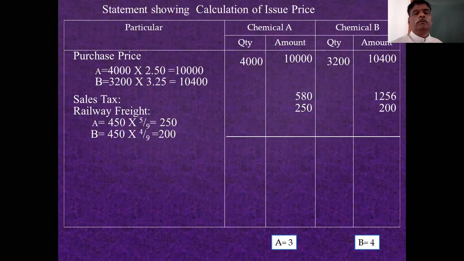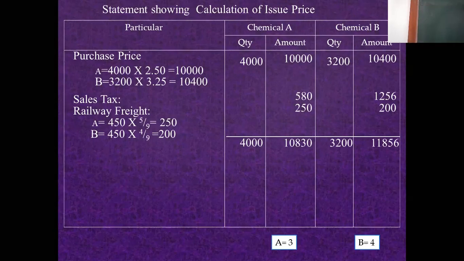And take it to the amount column. Then you take the total. Total quantity 4,000. Total amount first column 10,830. And second quantity 3,200, amount is 11,856. Okay, this is the total cost.